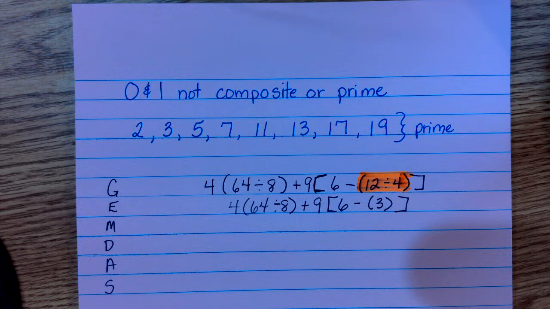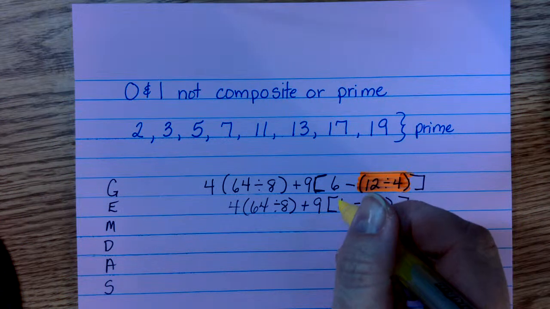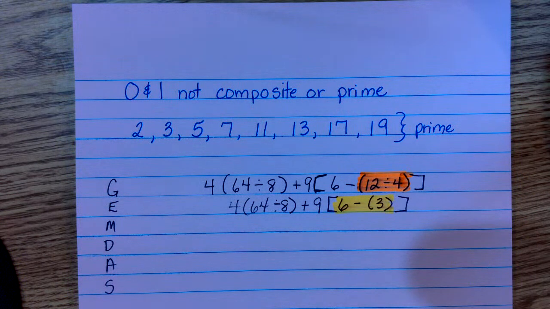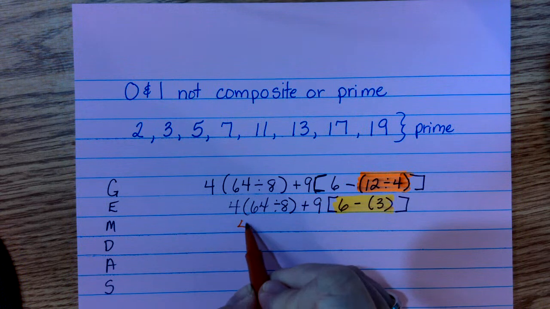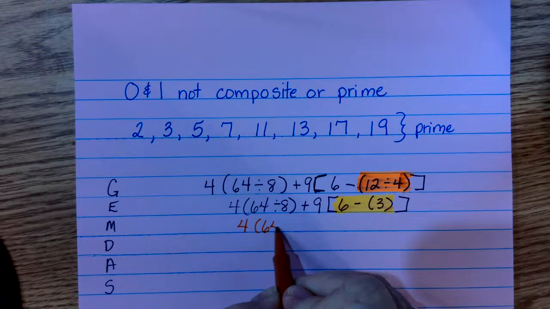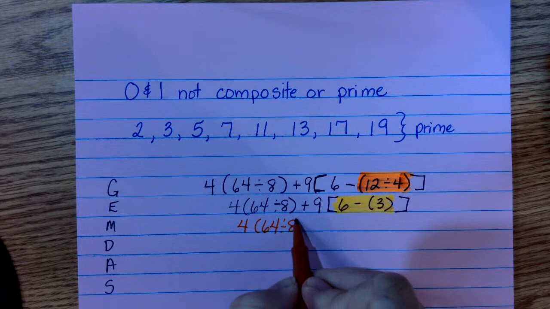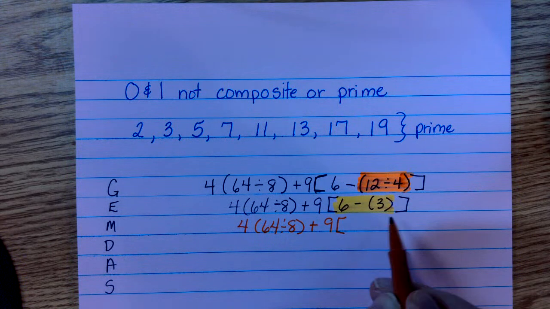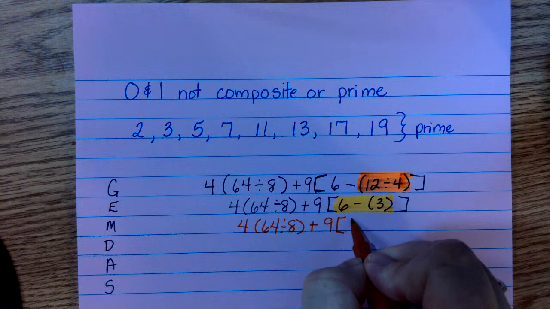So we've done the first set of parentheses. Now we have to continue inside the brackets. So we have 4 times 64 divided by 8 plus 9 times 6 minus 3 is 3.